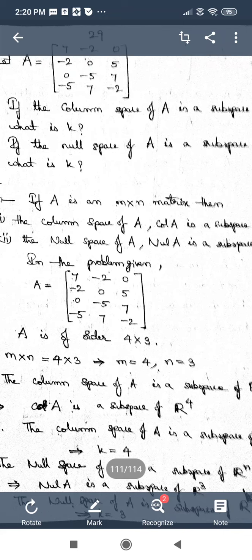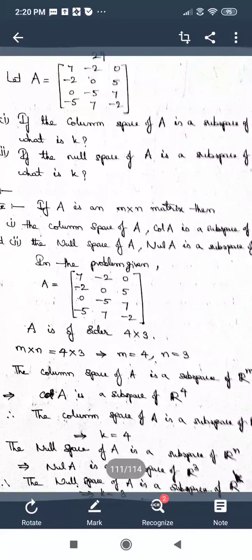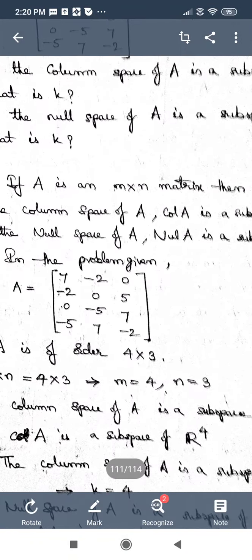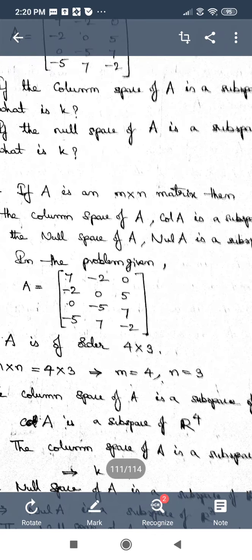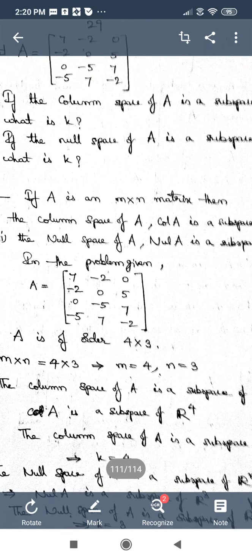Here we are not bothered about the entries of the matrix A. That means we are not considering the elements of the matrix A. Instead, we are bothered about the order of that matrix only.